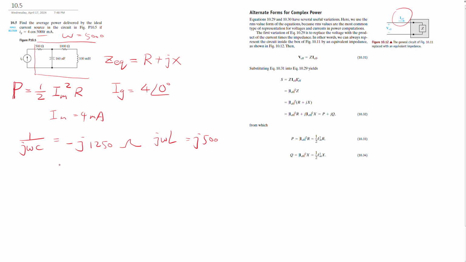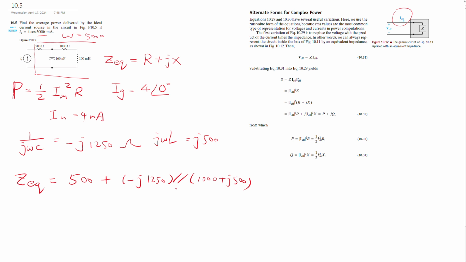These are the two impedances, and then the Z equivalent. This equivalent circuit equals this 500 plus these two branches in parallel: negative j1250 in parallel with the other one, which is 1000 plus j500.